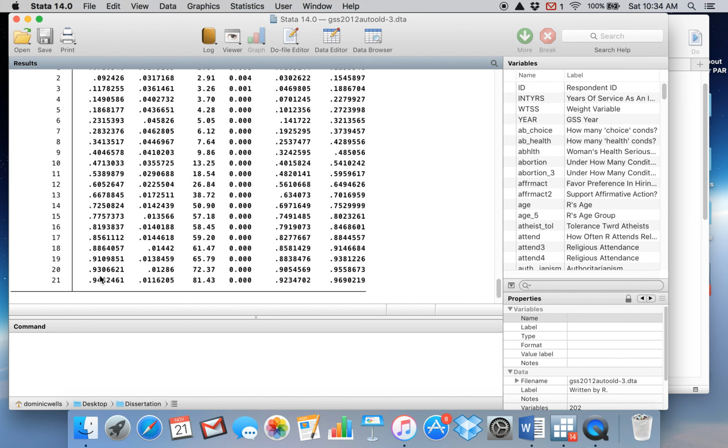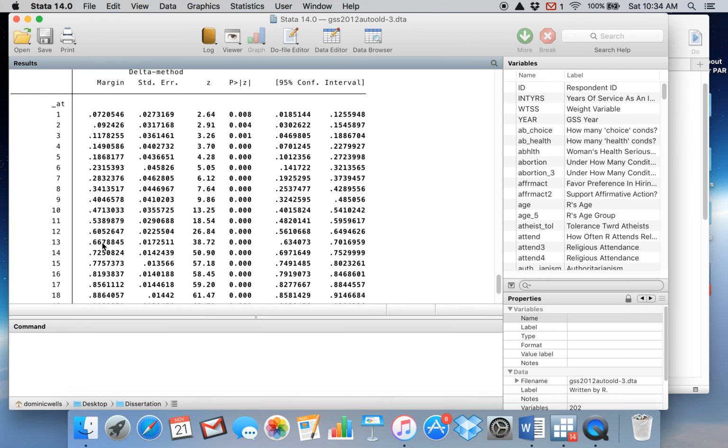So when I go from my 20 years of education to 21, I go from 93%, assuming I was 48 years old, I'd go from 93% likely to vote to 94, which isn't a very big change at all. So education makes a smaller difference at the top and the bottom of the scale.